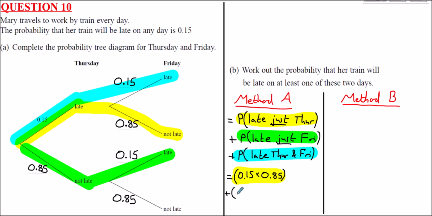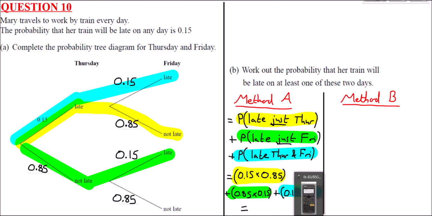That's 0.85 multiplied by 0.15, multiplying these 2 numbers together. Or, of course, the third way is it's late on Thursday and Friday. So if it's late Thursday and Friday, just colour this one in properly, that's 0.15 times 0.15. So if we sum this, we'll get our answer.